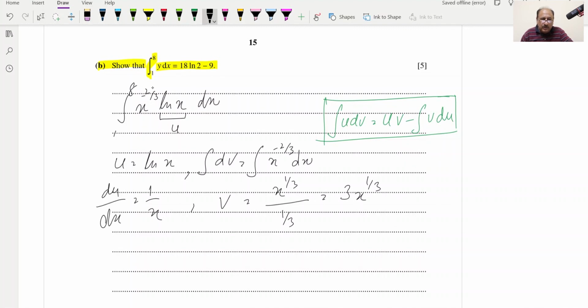So what next? We can replace in this one, and the integral will be uv.